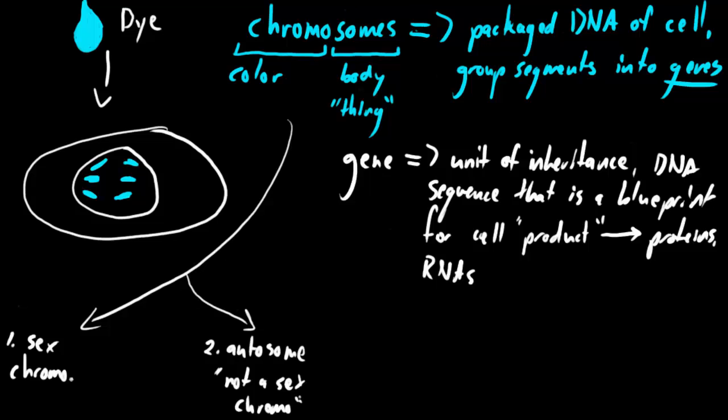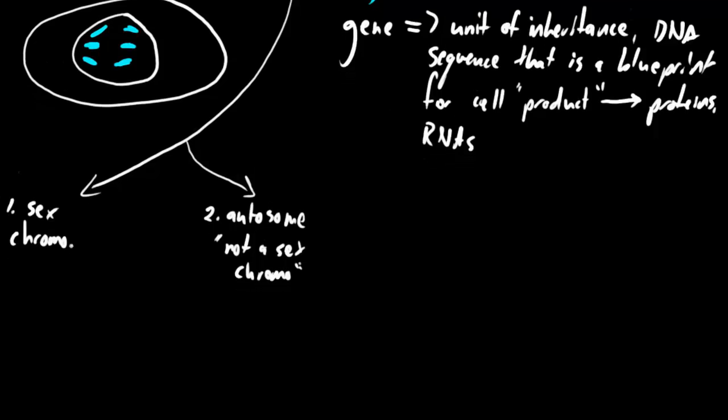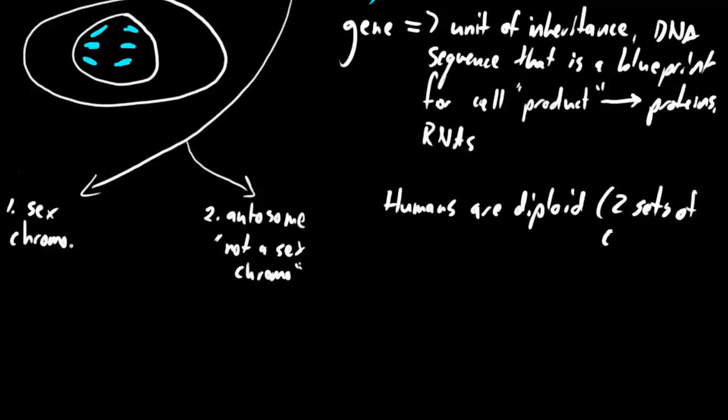We have classified these two types of chromosomes, and remember that I said that humans are diploid organisms. And this means that they have two sets of chromosomes. Where do these two sets come from?